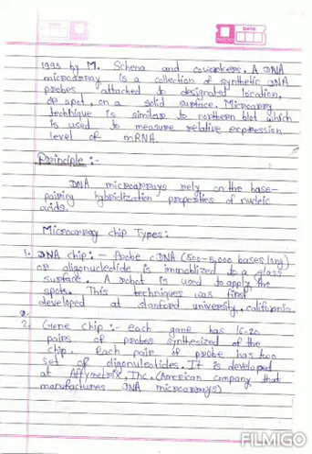The microarray technique is similar to Northern blot, which is used to measure the relative expression level of mRNA. Principle: DNA microarrays rely on the base pairing hybridization property of nucleic acids.